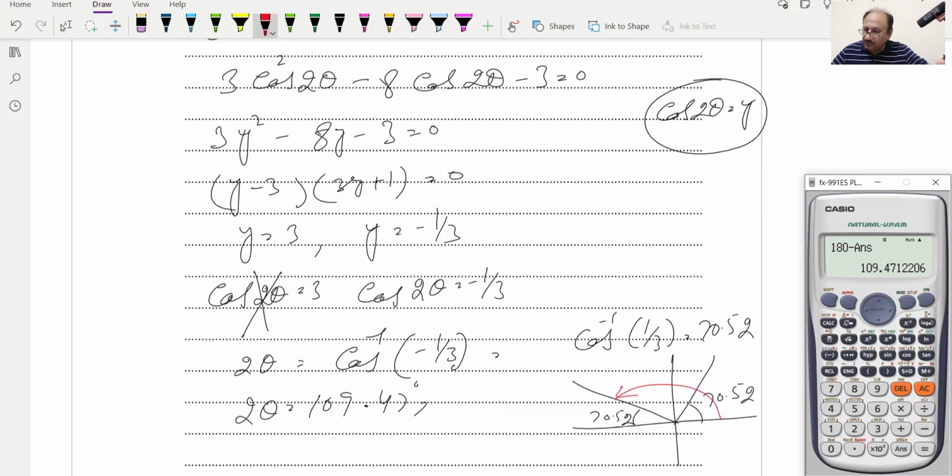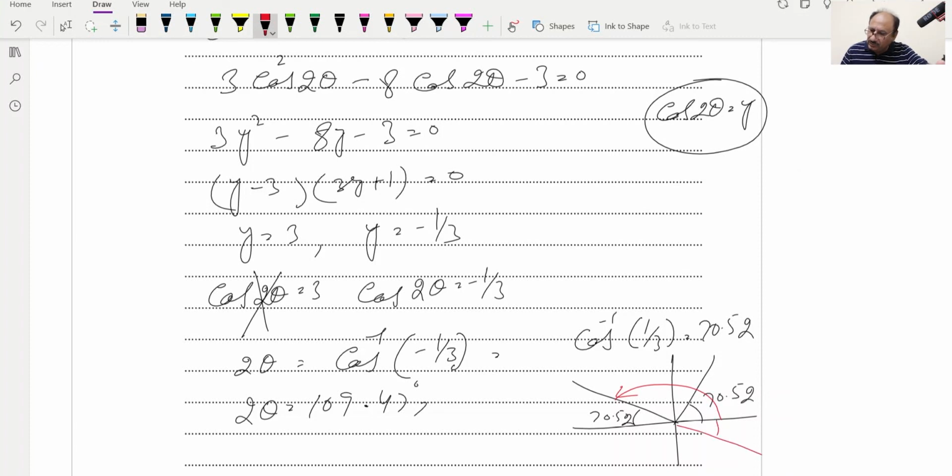And further we can check with 360 minus the other angle, which will be in this section, so 70.52.